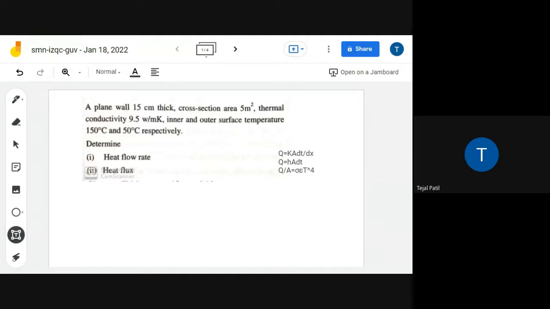Now there is a question: a plain wall 15 centimeter thick. Let's say this is a wall. Its thickness is given as 15 centimeter, and the cross section area is 5 meters square.